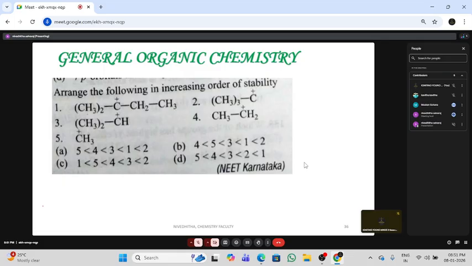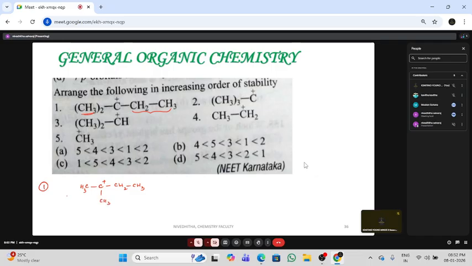As far as compound 1 is concerned, this is my carbocation, right? Here on one side we have CH2, CH3. Ma'am, first one is tertiary. Yes. Here I have CH3 twice, which means I have two CH3 groups. I'm going to write it like this.